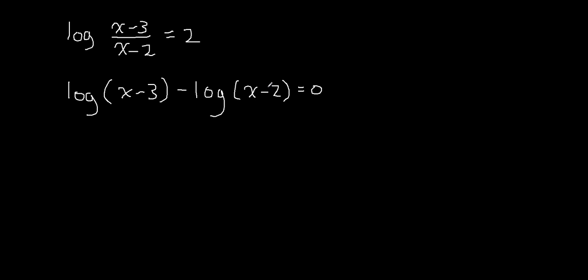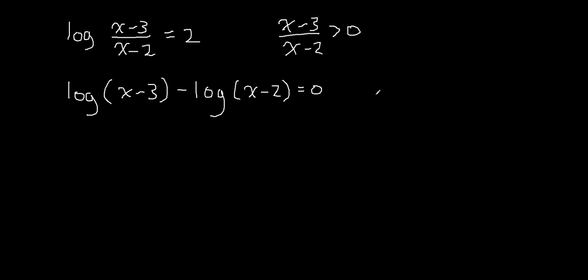doesn't. And this is because you need to take into consideration that when you're logging a number, the number inside the log must be positive. If it's 0 or negative, the log of that number will not be defined. So you get the restriction that x minus 3 over x minus 2 must be greater than 0 for the first equation.